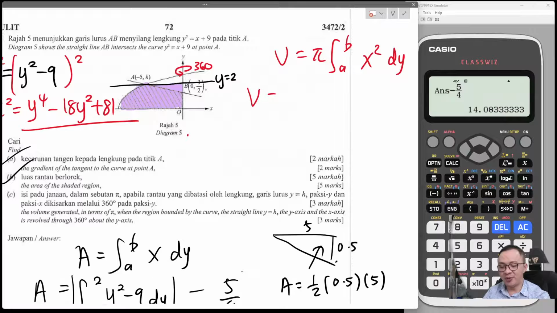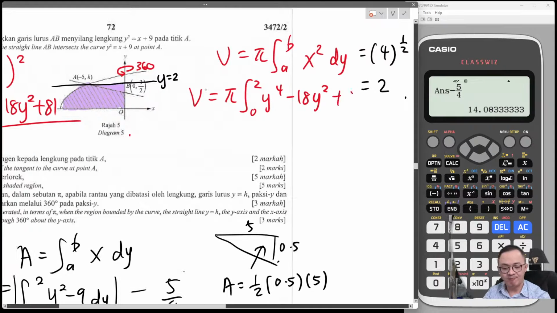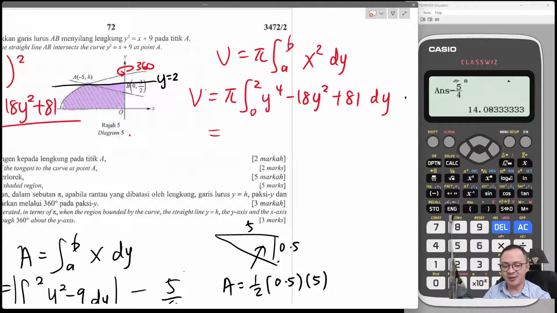So my volume equals pi, integrate from 0 to 2 also, y power 4 minus 18y squared plus 81, dy. Okay, so this one is basically quite easy. Power plus 1, y power 4 plus 1, 5.